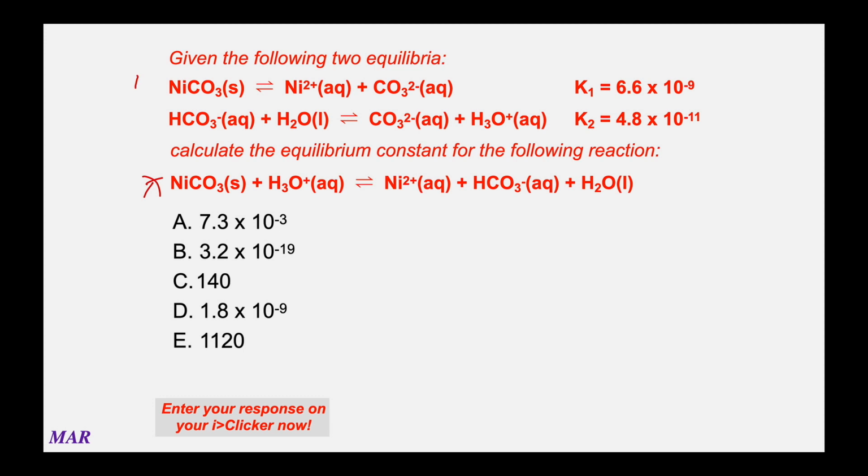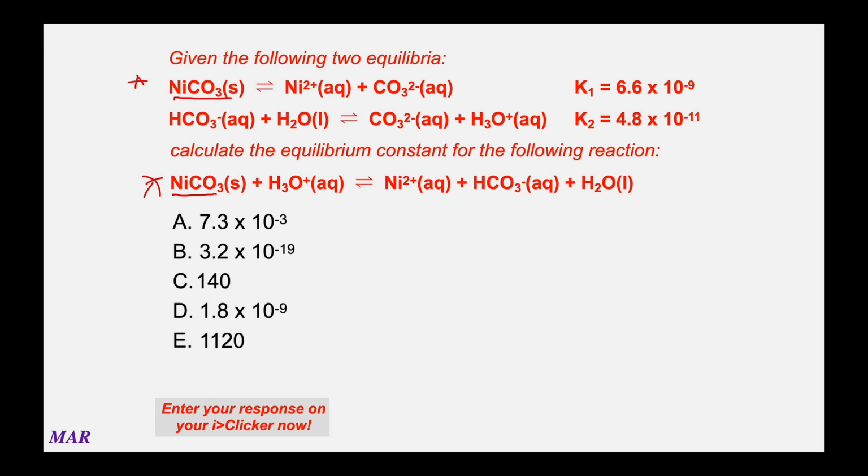In this first equation, nickel 2 carbonate is a reactant, and we want nickel 2 carbonate as a reactant. So I'm going to assume that we're not going to do anything to the first reaction. Nickel 2 carbonate solid only appears as a reactant in the first one, and we want it as a reactant in the desired equation, so I think we're going to be okay.